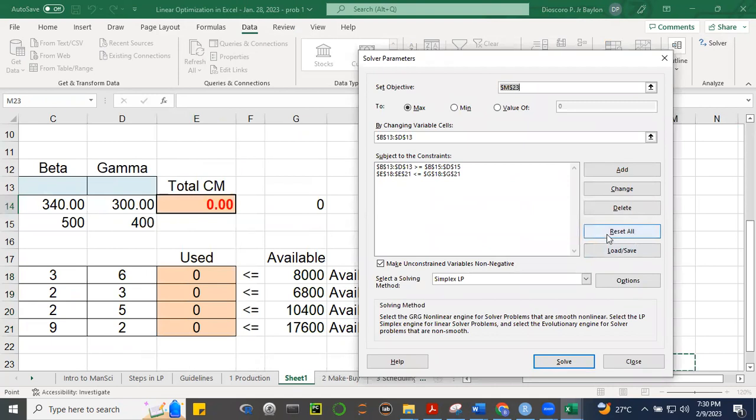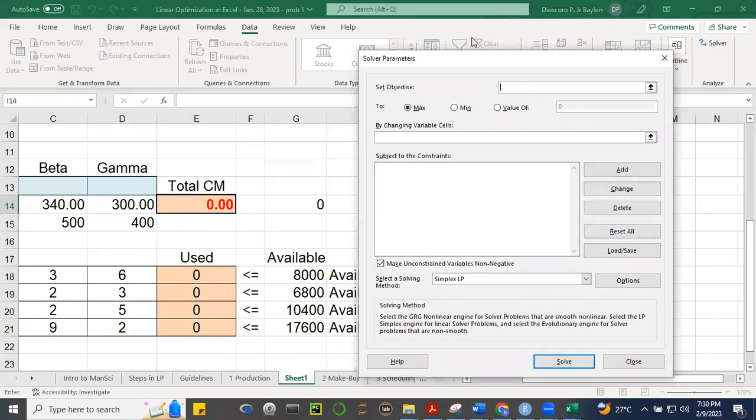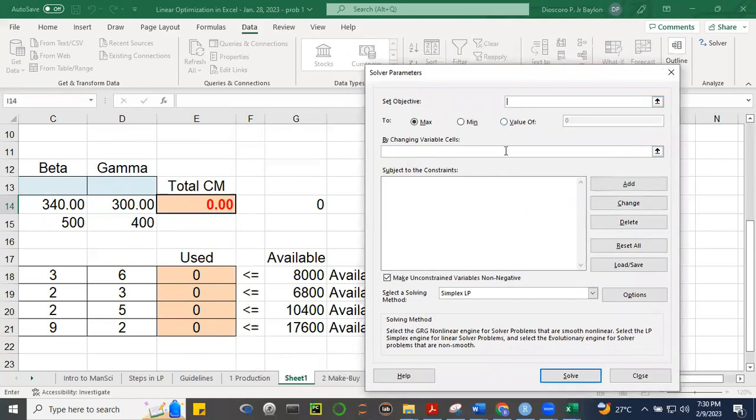Let me reset all of this so that we'll work again on this. So you have here 3 parts, and these 3 parts pertain to the 3 parts of your LP. How convenient. The objective will be your objective function, and it's either to maximize or minimize it. And sometimes you can use Solver to generate a solution where you want a particular value.